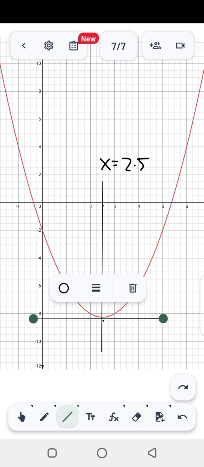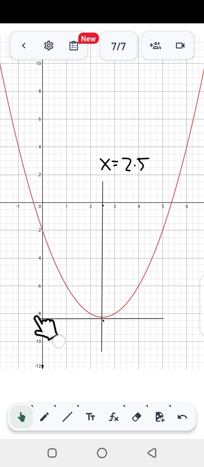Okay. So when you trace this point from y, this is minus 8 point something, so that will be minus 8.25. If you read it well, don't forget that we are using two units on the y-axis. So this is minus 8, and this side is minus 8.25.